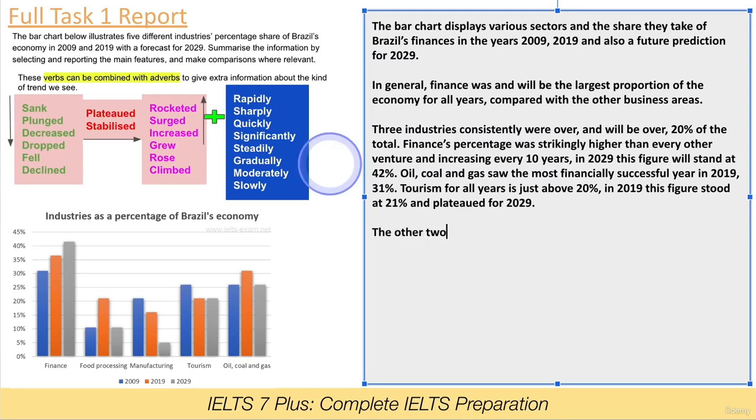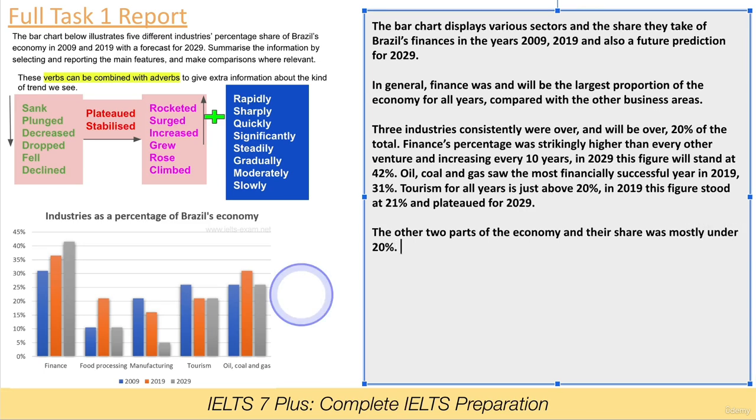The other two parts of the economy were, now they weren't always under 20%, but we could say were mostly under two parts of the economy, and their share was mostly under 20%.